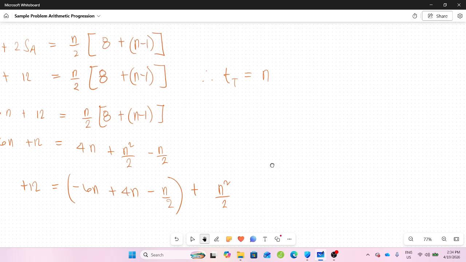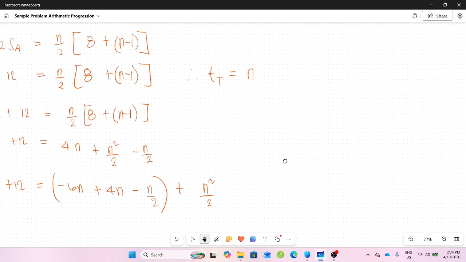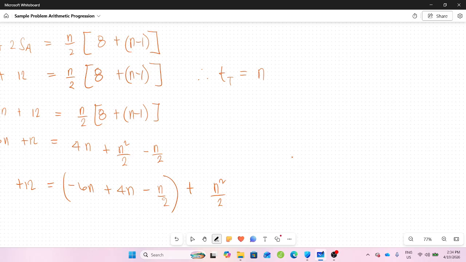Okay, let us continue. So that's going to be positive 12 equals negative 6 plus 4n, that's going to be negative 2n, minus n over 2, plus n squared over 2.